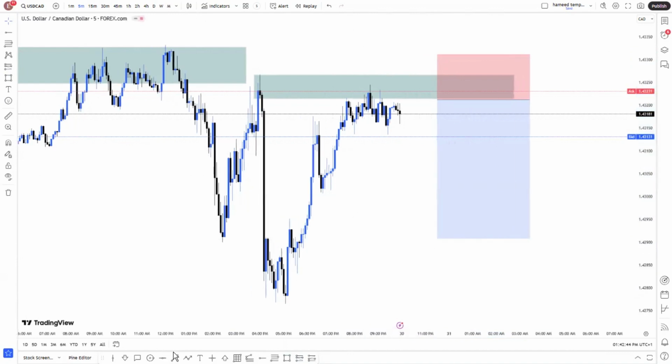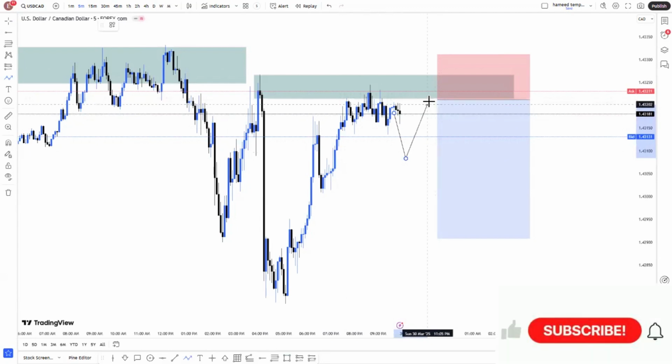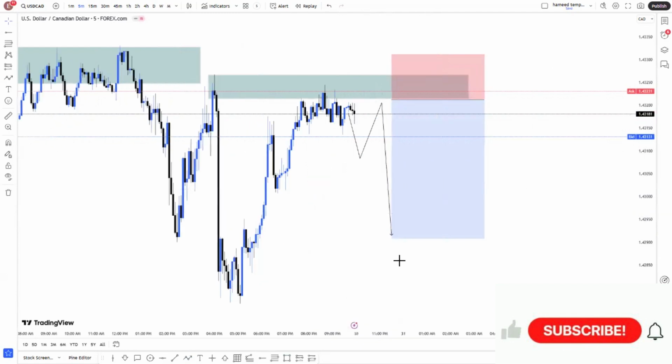I'll be waiting for this equal low liquidity here to be swept, something like this around here, and the market to move back to this level here. Then I'll ride it to the downside. So this is what I'll be looking for on the USD CAD.